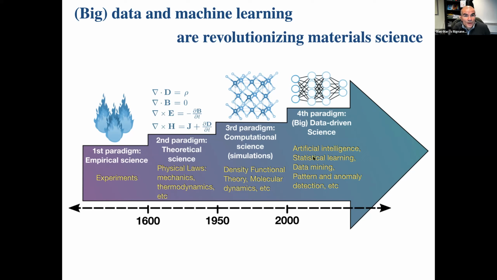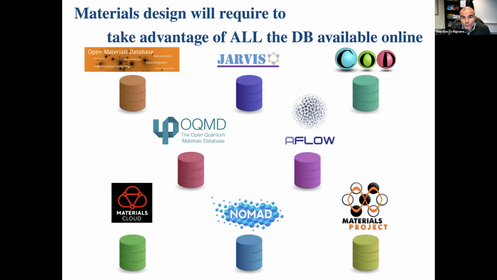And so one of the important tasks that we want to have is to be able to use all the information that's available in all those databases. And we would like to retrieve the data in such a way that you can machine learn the data, so that you have a model that is able to predict some properties, and then you can do the screening in a faster way.